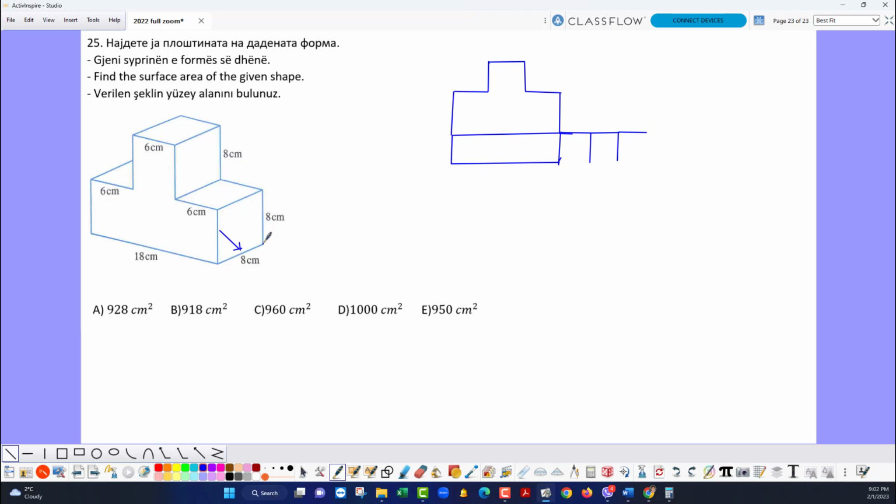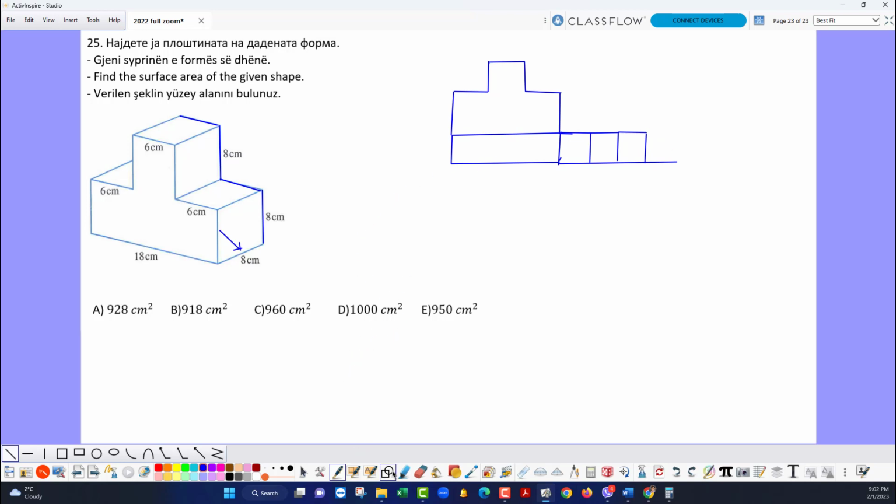Again, I'm counting from the beginning. This is 8. Then this one is coming here. This is 6. Then this is going up. It's going to be 8. And this side it's coming. It is 6 again. So it's going to be 8, 8, 6, 8, 6 again.